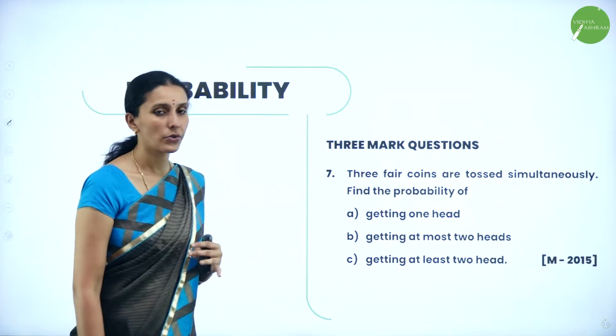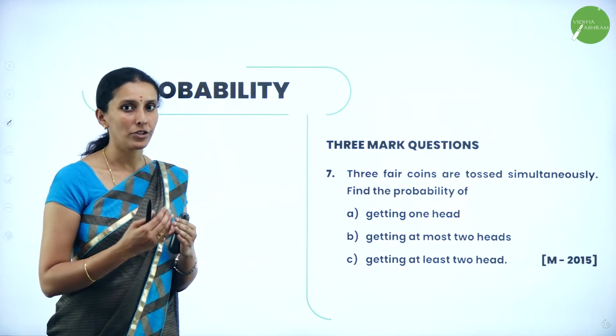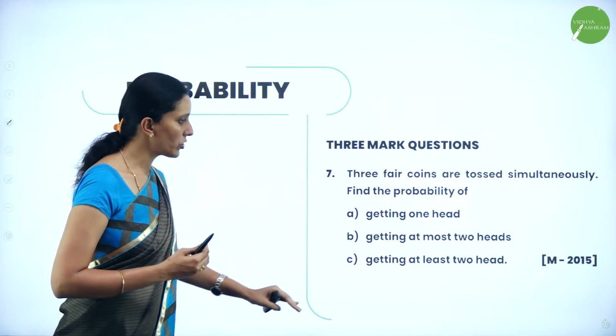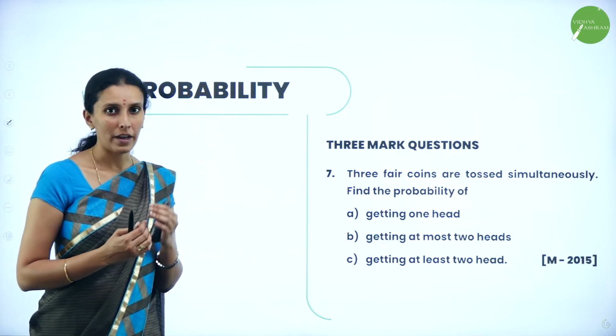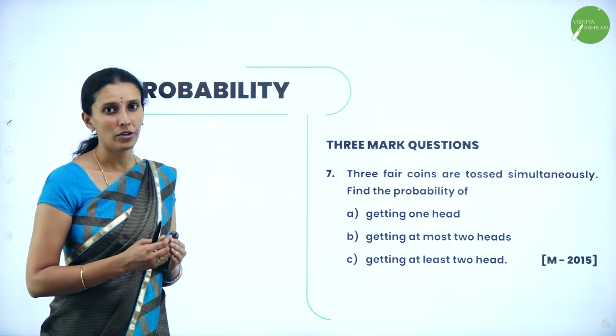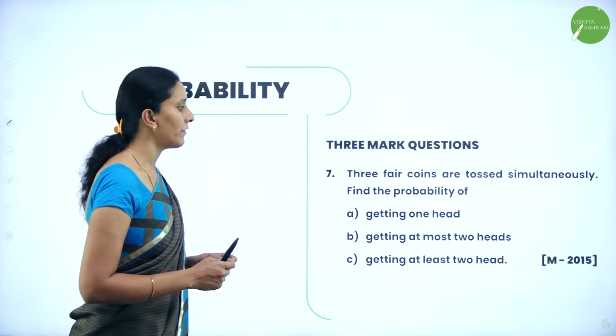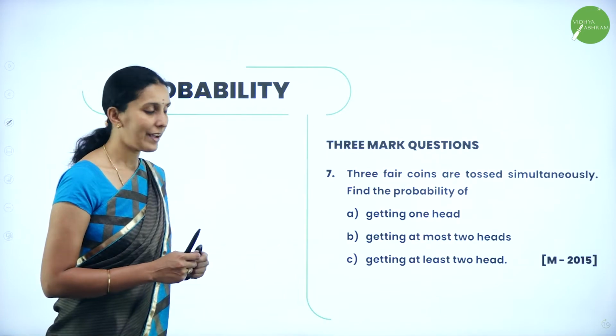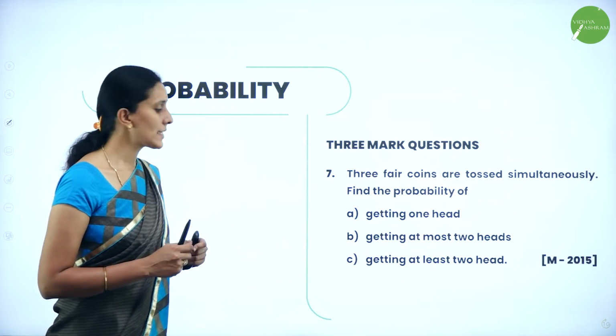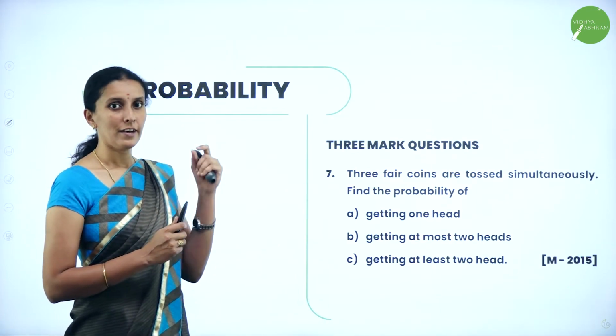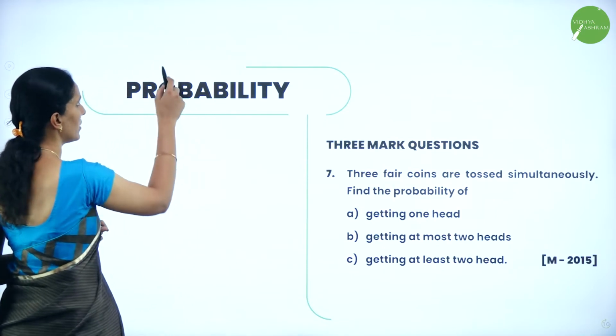So in 3 marks questions, you will be having questions in the form of sub-questions. Each question carries 1 mark. Let's see what are the types of question you may get. 3 fair coins are tossed simultaneously. Find the probability of getting 1 head, getting at most 2 heads, getting at least 2 heads. First, let us write the sample space for this experiment.